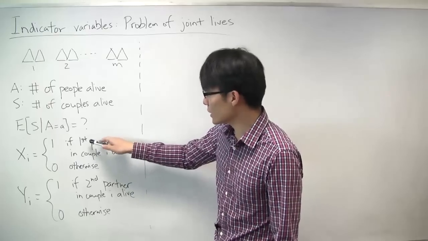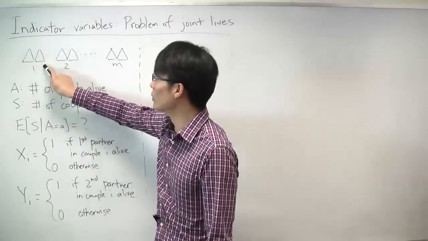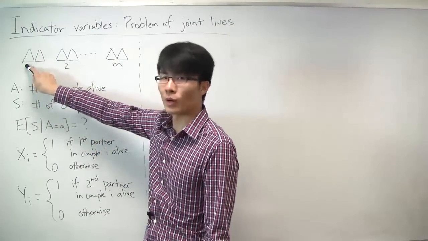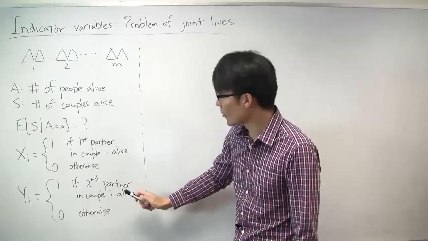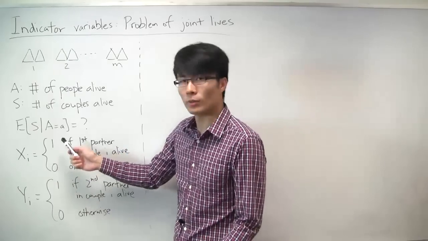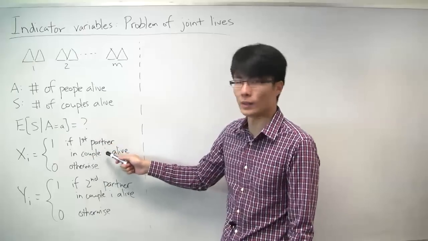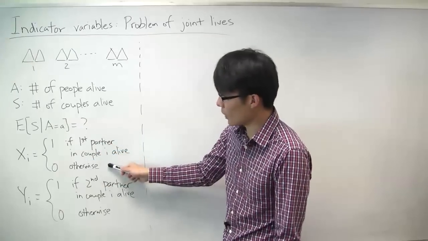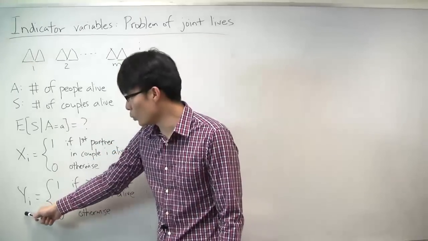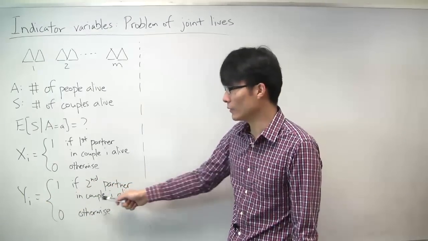Notice that we've specified the first partner: within any couple, let one of them be the first partner and the other the second partner. Similarly, let Y_i be 1 if the second partner in couple i is still alive and 0 otherwise.